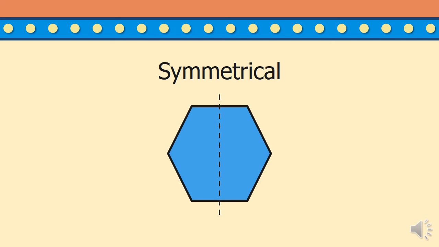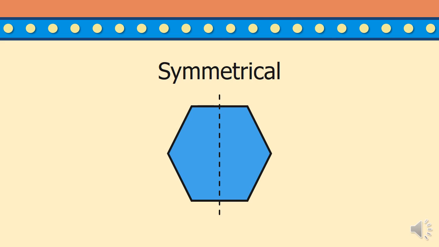We also talked about the word symmetrical. And shapes can be symmetrical. And what that means simply is that you could fold it in half and both sides would be exactly the same. Here's another hexagon, 6 sides. And you can see the dotted line down the center.